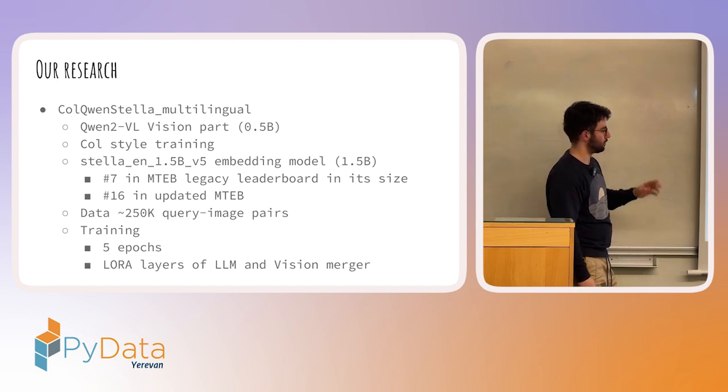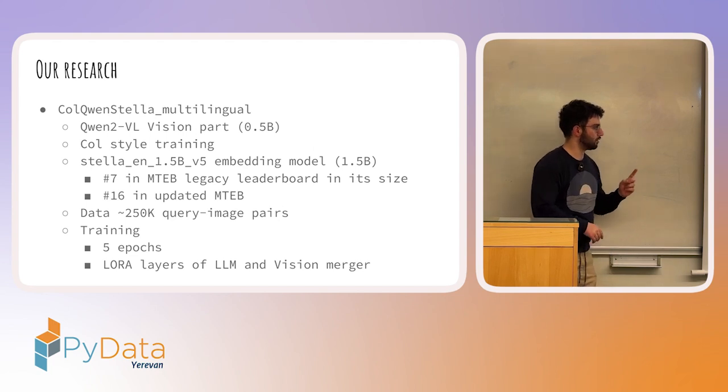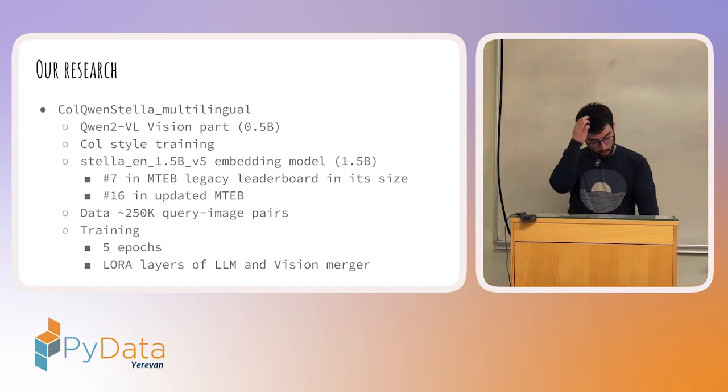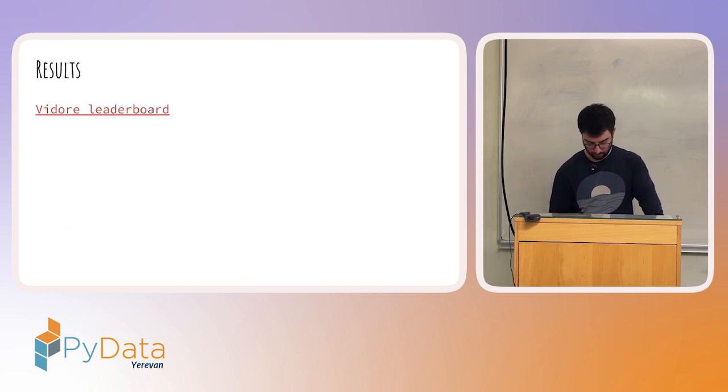So in MTEB there are models which are 7 billion or even higher number of parameters, and Stella is only 1.5 billion and already 7th place there. We use the same data and more or less the same training epochs and strategy and everything else.